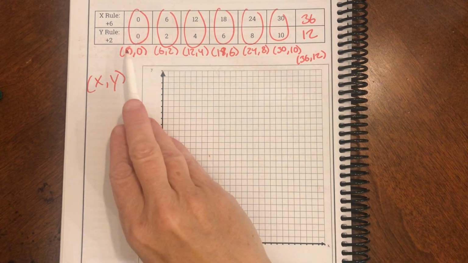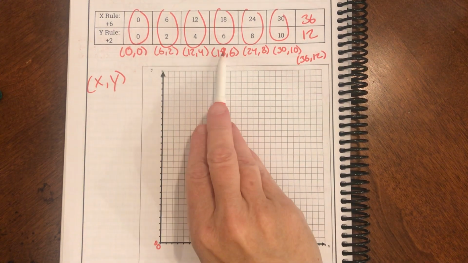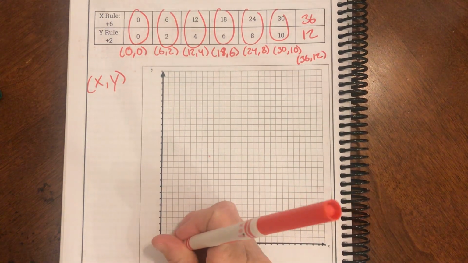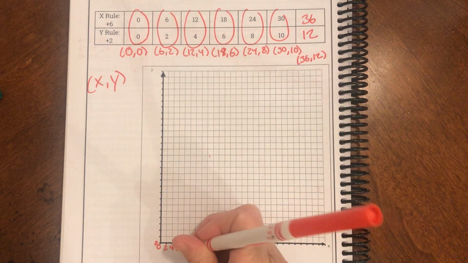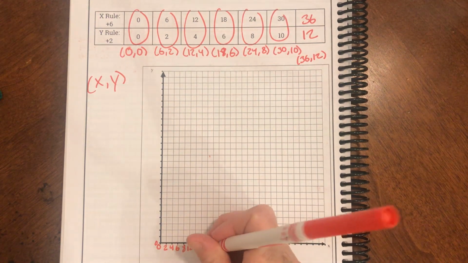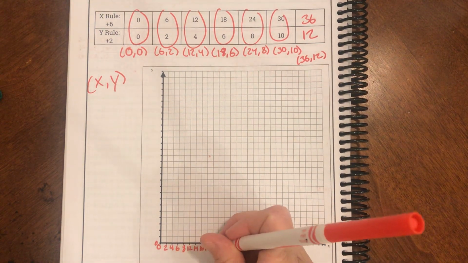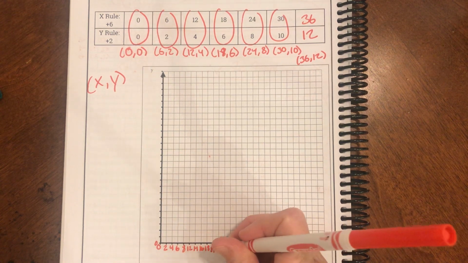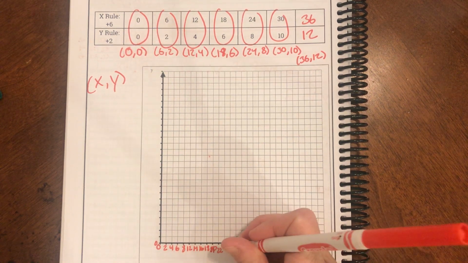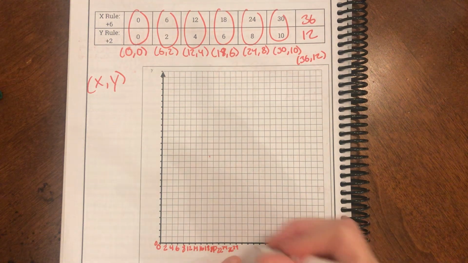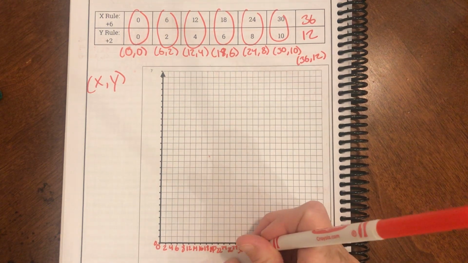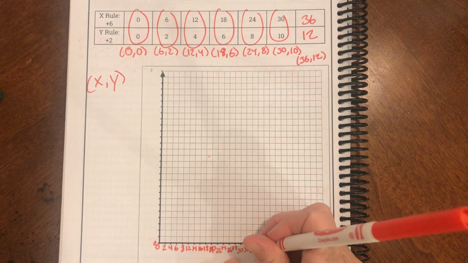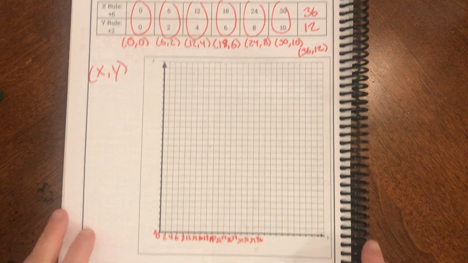So if I look at my x's, they're all even numbers, so I think I'm going to count by twos. So I can say 2, 4, 6, 8, 12, 14, 16, 18, 19, oh, I made a mistake, 20, sorry, 22, 24, 26, it's going to be very hard to write this little, 28, 30, 32, 34, and 36, and I can stop at 36.